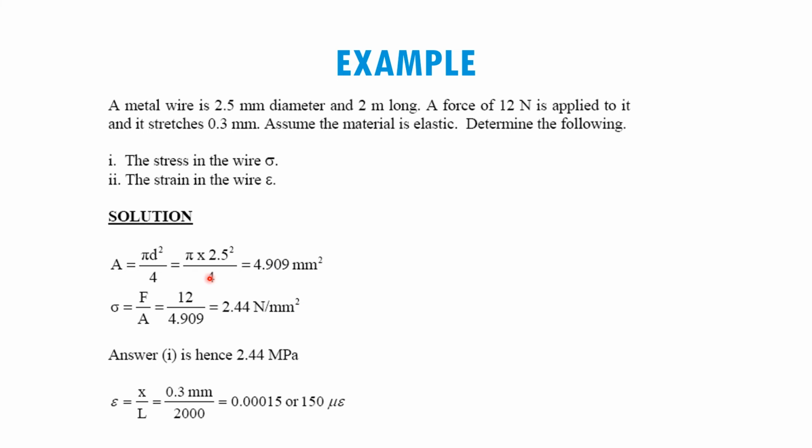For the second one, the strain in the wire, it is x over L. So x is given as 0.3 mm, divided by the L, which is 2 meters long, which is 2000 mm. Then you will get the strain as 0.00015.